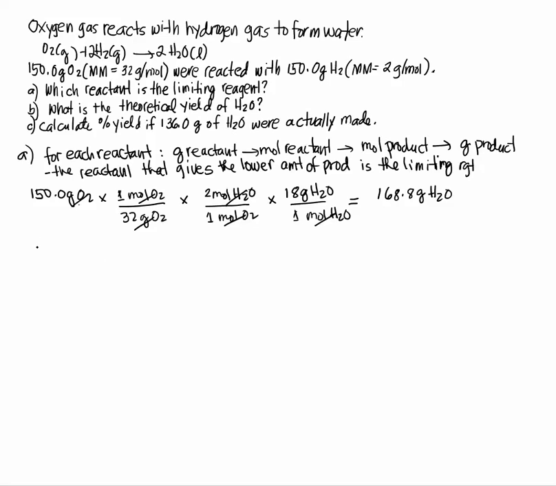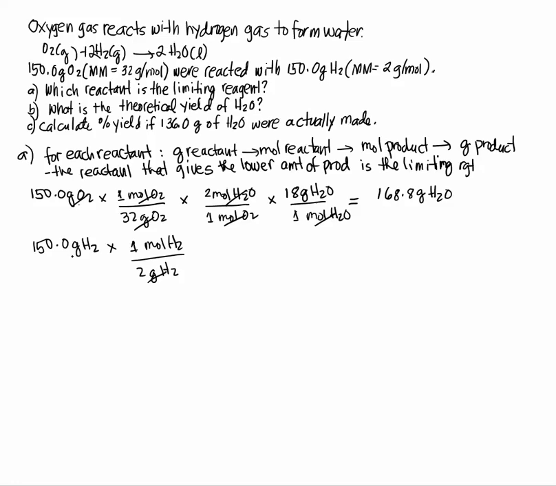Next, we analyze the second reagent, which is H2. We have 150.0 grams of H2. We have to convert to moles. 1 mole of hydrogen is 2 grams of hydrogen.